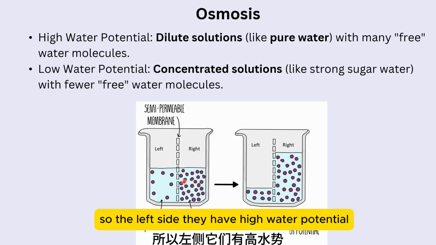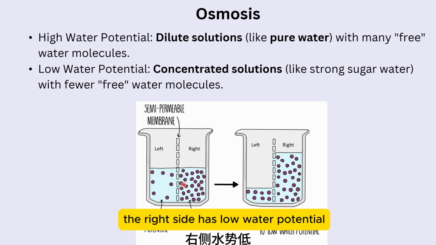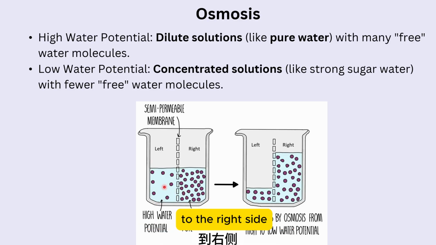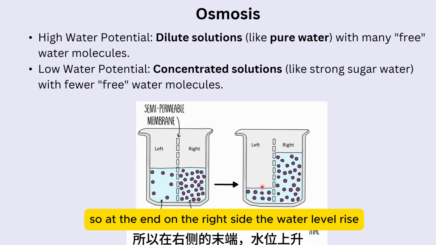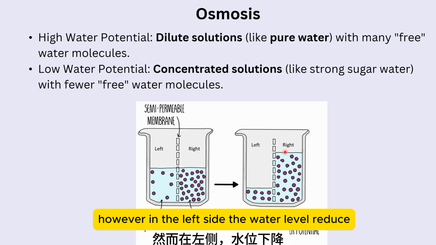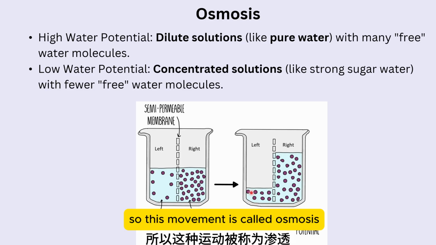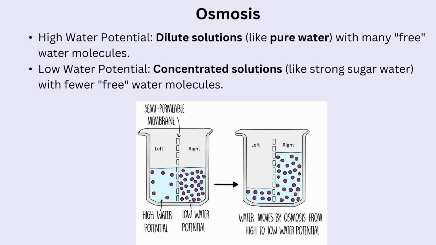So the left side has high water potential and the right side has low water potential. The water is able to diffuse from the left side to the right side. So at the end, on the right side, the water level rises. However, on the left side, the water level reduces. So this movement is called osmosis.